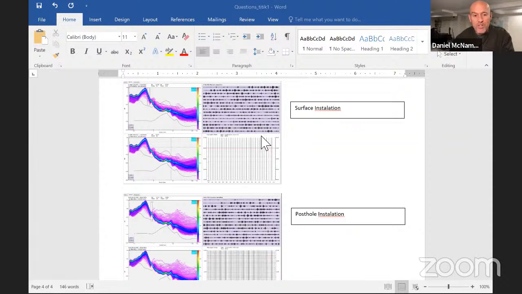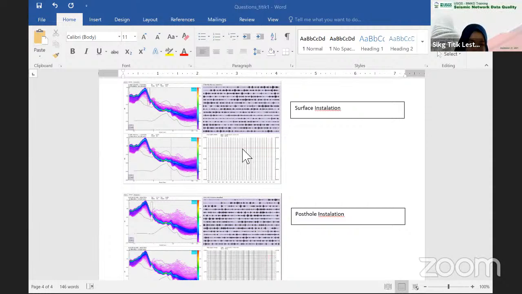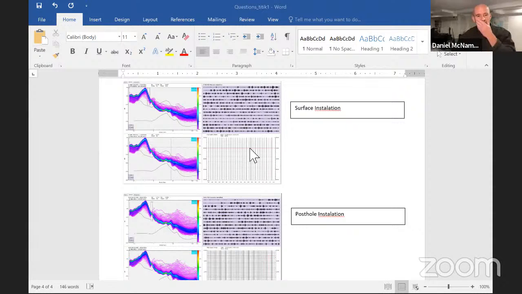Put a strong motion sensor there and maybe don't use a weak motion sensor because it's so noisy. Remember the Brune source spectra modeling lines I showed earlier? I don't think you'd be able to detect a magnitude 5 with that. Maybe not a good location for a weak motion sensor.